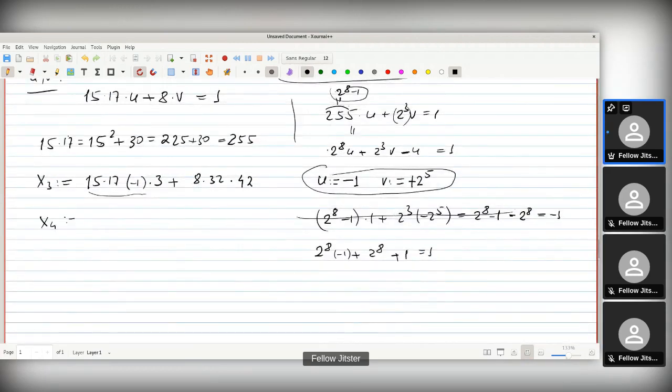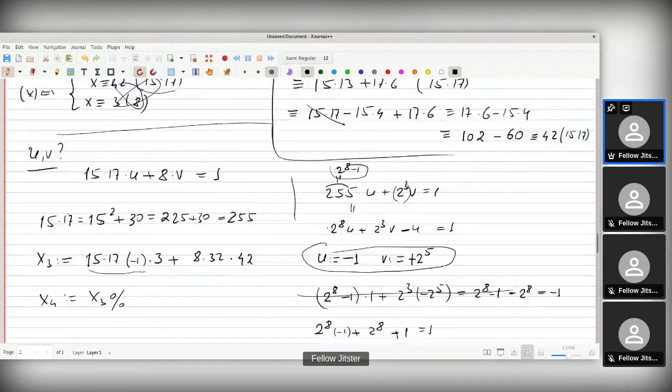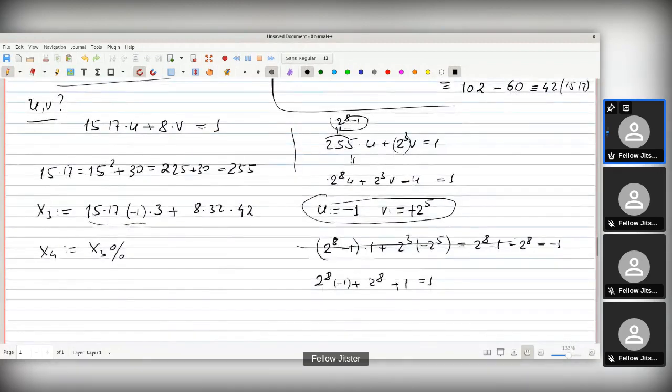And now we are interested in the remainder. The solution is just the remainder of this number modulo, so it is this number multiplied by 8. And this number is quite easy to find. It is 2 to the power 8 minus 1 multiplied by 2 to the power 3. What is it? 2 to the power 11 minus 1.